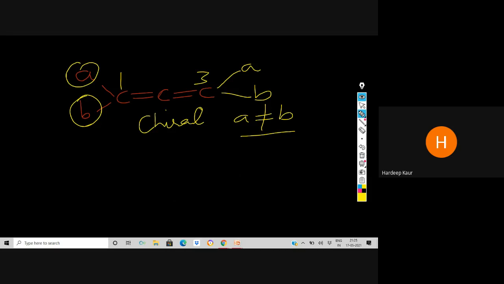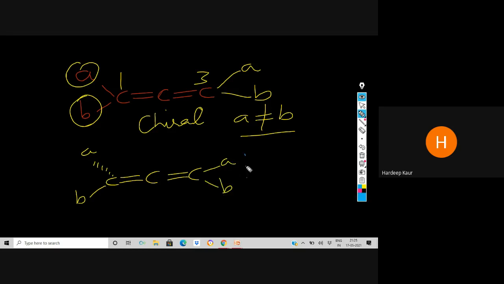This is so because when we draw the mirror images of allene, these mirror images are non-superimposable on each other. Suppose this is A, this is B. One is in one plane and this is on another plane, right?